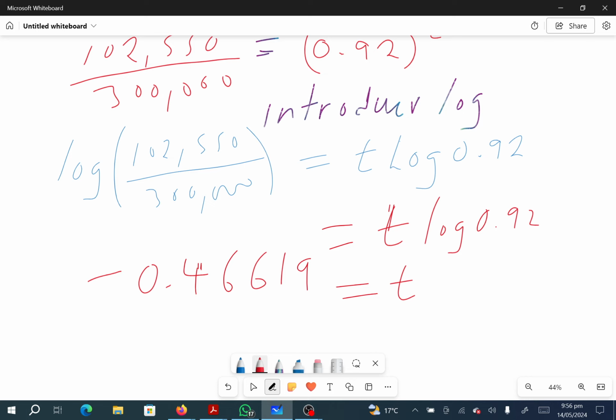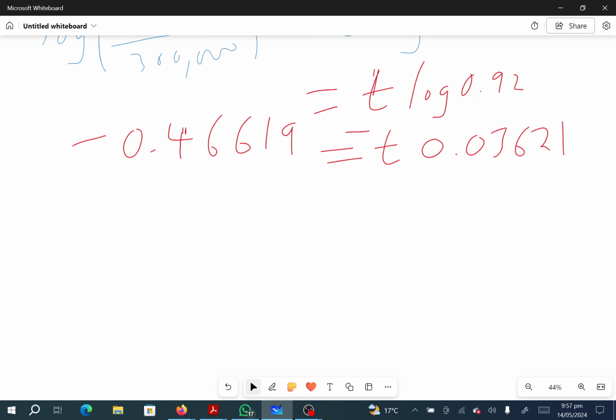That is also a negative value, negative 0.03621.